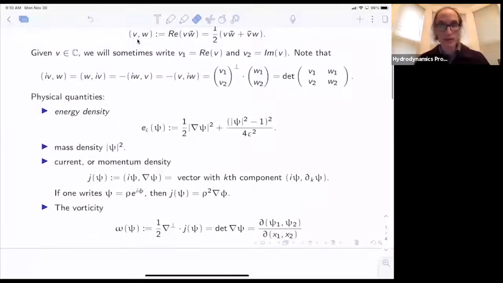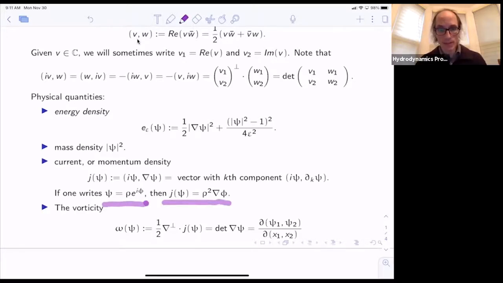Okay, and then there are these physical quantities: the energy density, the mass density, the current or momentum density, and then the vorticity. So let me make a remark here. This is how we think of this in practice. This little j is rho squared, the density, times the gradient of the phase.